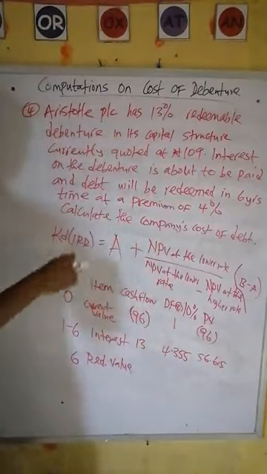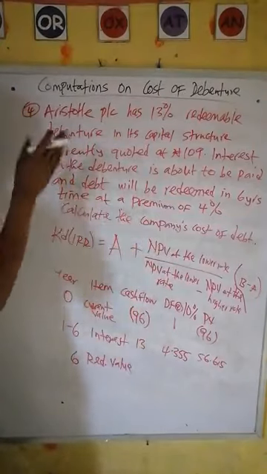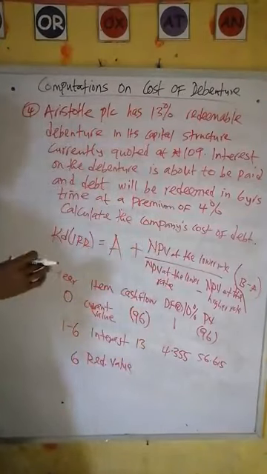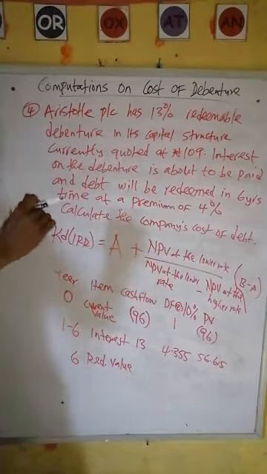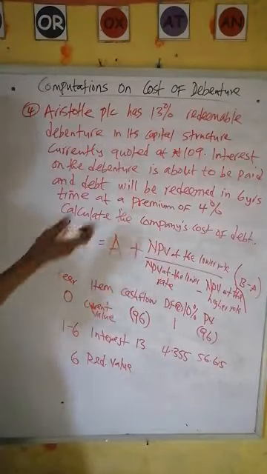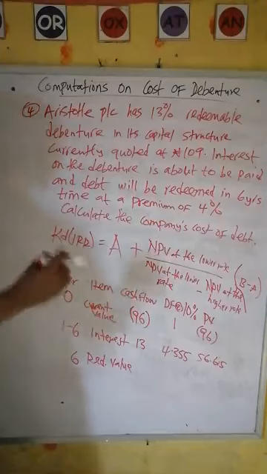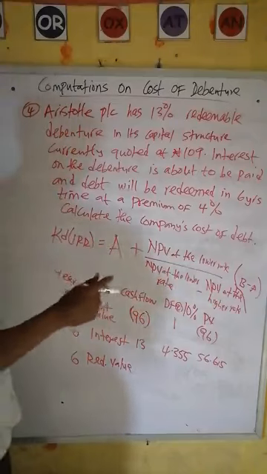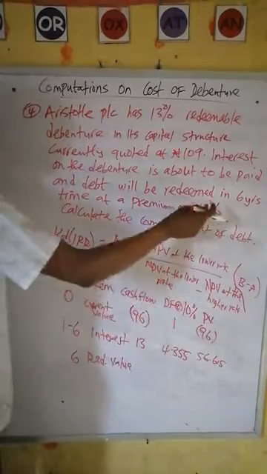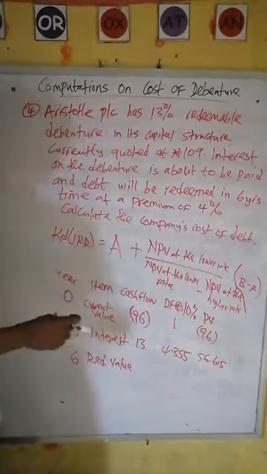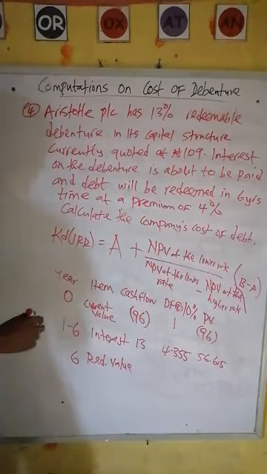What do you mean by premium? Premium is above the normal price. And what is the normal price of the debenture? The nominal value of the debenture. We have said here that the nominal value of the debenture is 100 naira. So at the premium of 4%, that is 4% of 100.